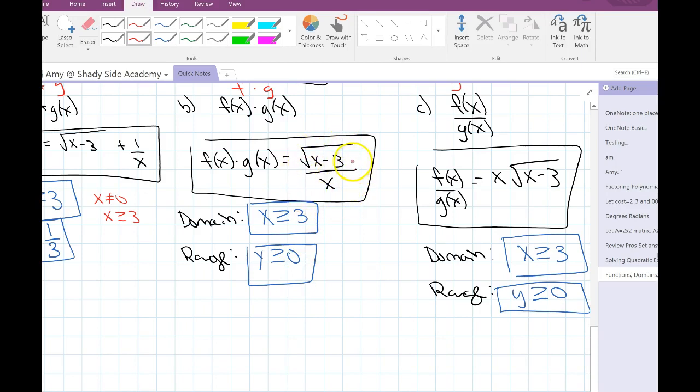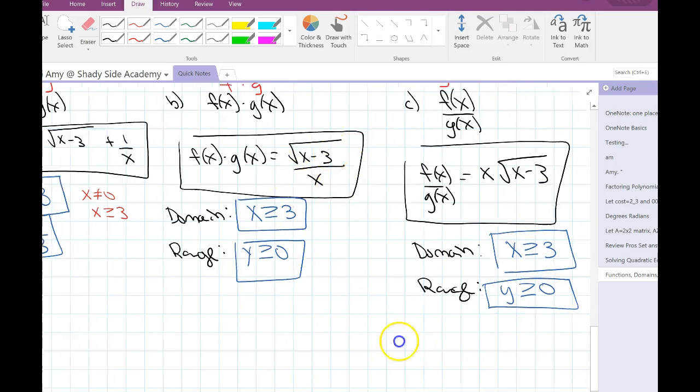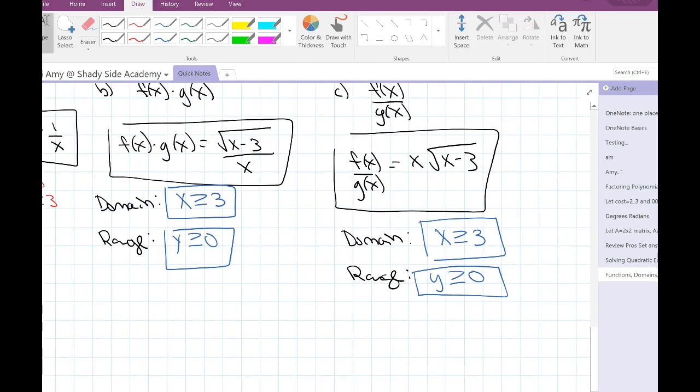So the y value starts at 0. And then, as x gets greater and greater, this quotient gets bigger and bigger. And here is my domain and range for the last one. Very good.